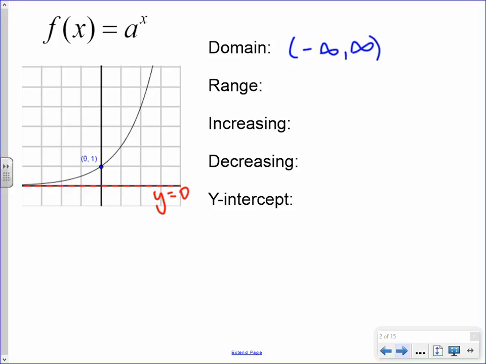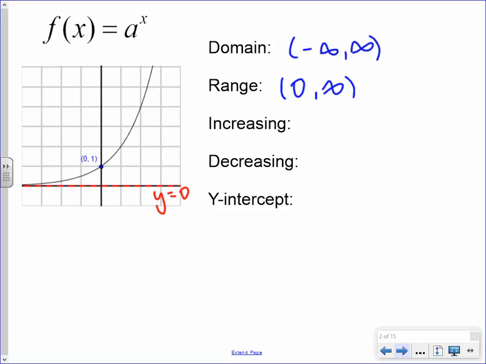Okay, Amanda, what would our range be? Okay, I have a question for you because you said negative infinity to 0. You answered my question. Okay. 0 to infinity. We only have values from 0 to infinity.